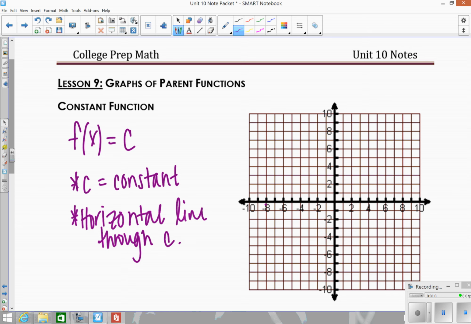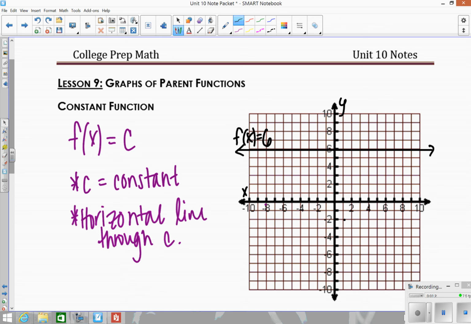So for example, if I wanted to graph the line f of x equals 6, that means I would have a horizontal line going through 6. So this would be the line f of x equals 6.